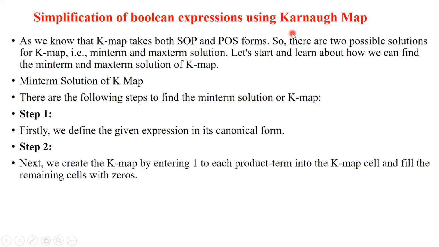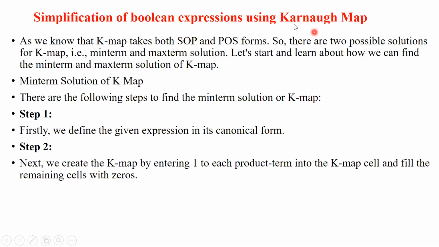Now when we write any Boolean expression, we have seen that it is made up of two things: either it is in sum of product form or the product of sum form. One SOP can be converted to POS, or POS can be converted to SOP. We have seen that. Now we don't want to convert anything, but any Boolean expression can be in the form of SOP or POS.